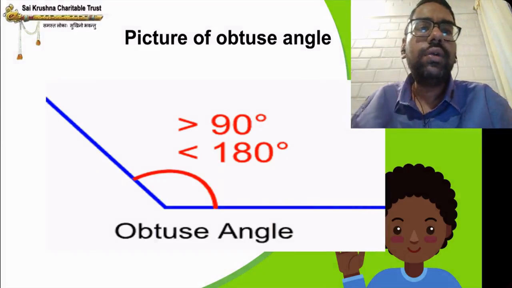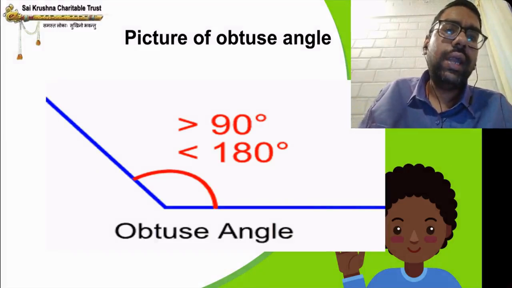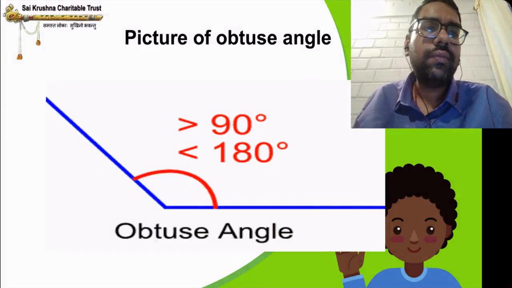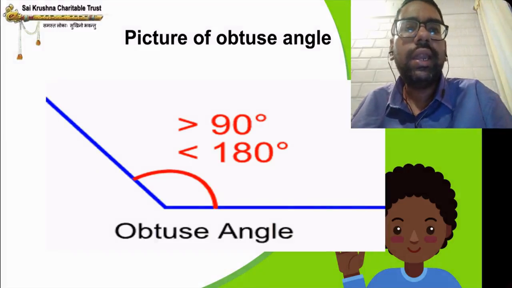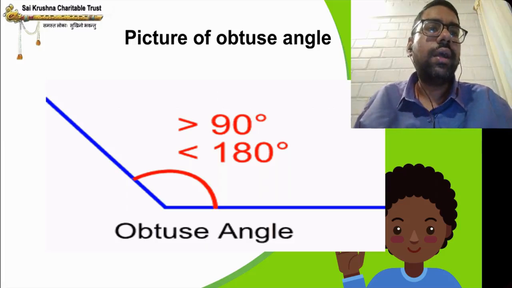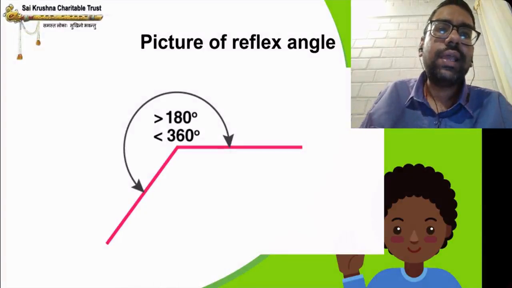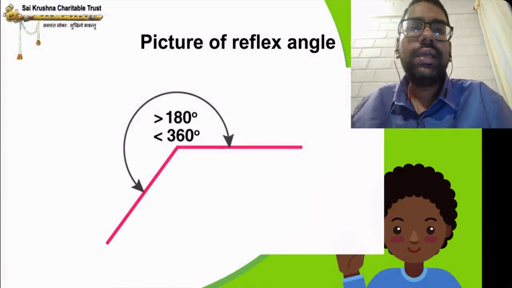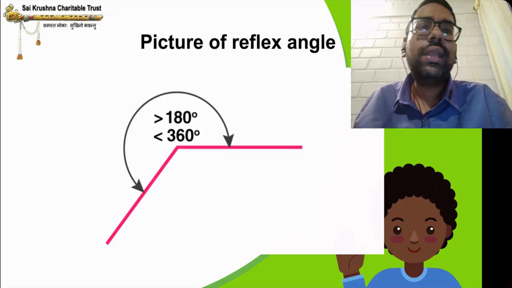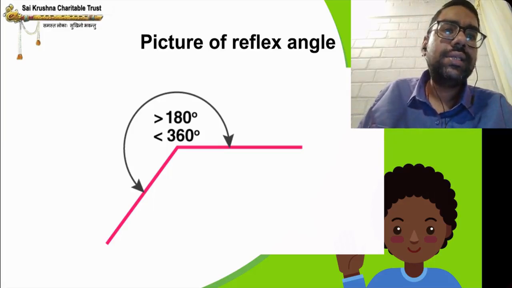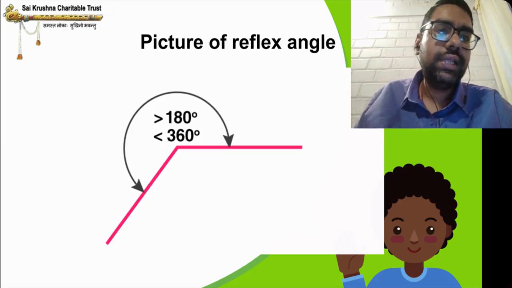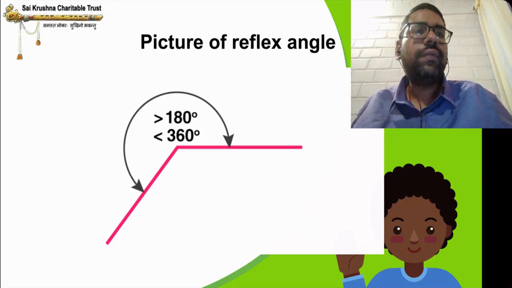An obtuse angle is greater than 90 degrees and less than 180 degrees. Picture of a reflex angle: a reflex angle is greater than 180 degrees and less than 360 degrees.